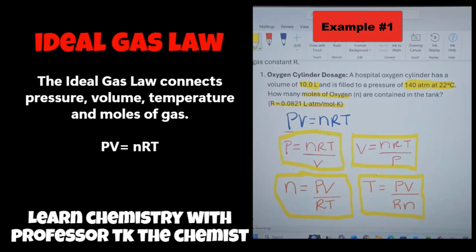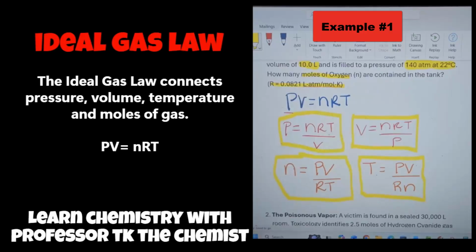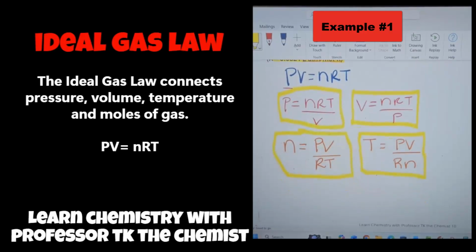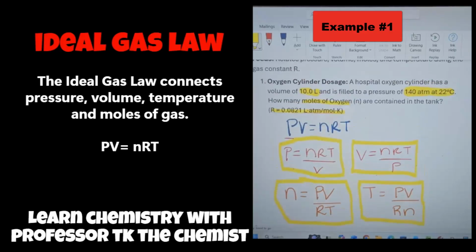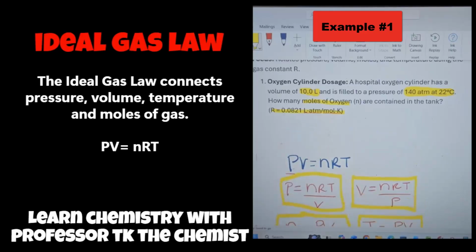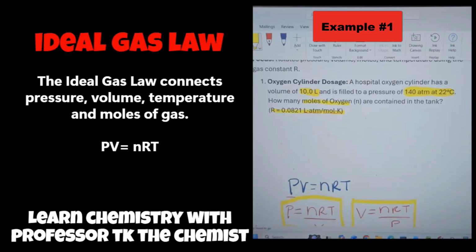So what I'm going to do is plug in everything that we're solving for right here. So we're looking for n, the moles. To make this easier, let me see. Hold on, y'all. I'm going to scoot that down.